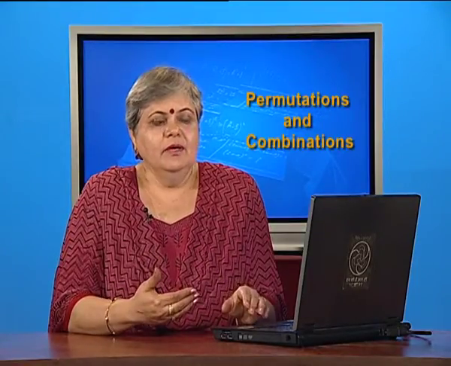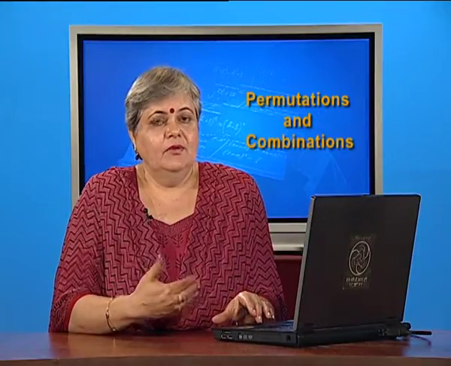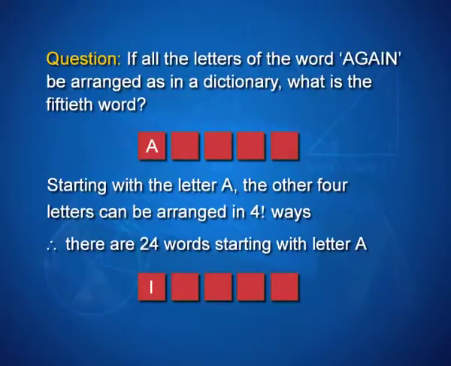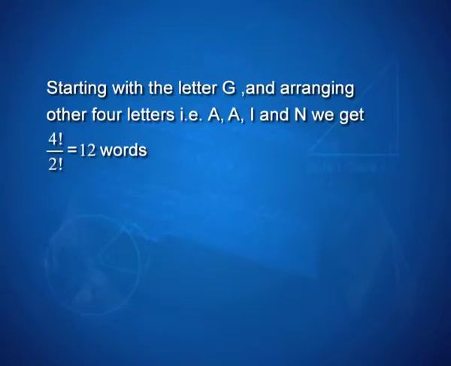So, here we are looking at the word again and alphabetical order is to be followed. Obviously, the 5 places can start with the letter A, and when A is in the first position, the remaining 4 letters can be arranged in 4 factorial ways, with the distinct letters G, A, I and N.